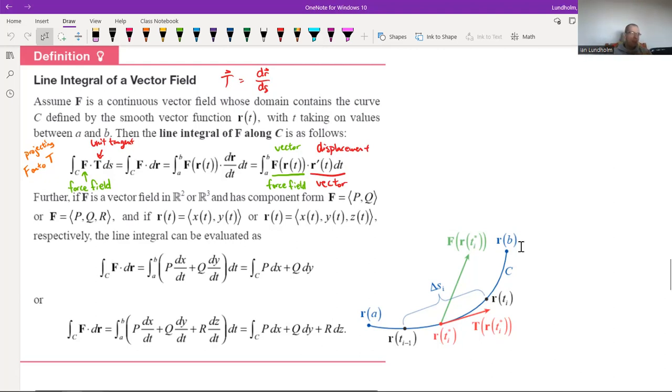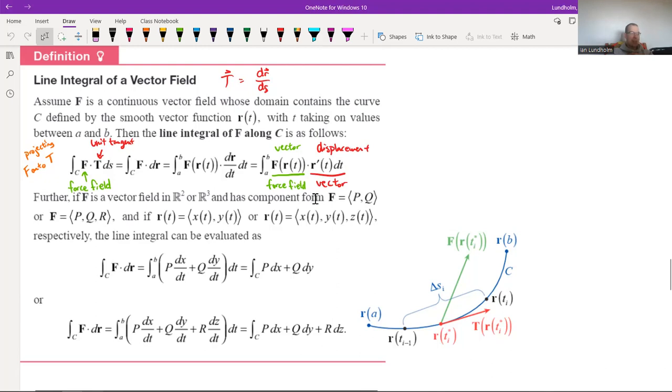And so we've got our friend, the unit tangent vector, coming back. This is our force field vector. And when we break things down into t's, this should look somewhat familiar, but what's new is that we have a dot product.